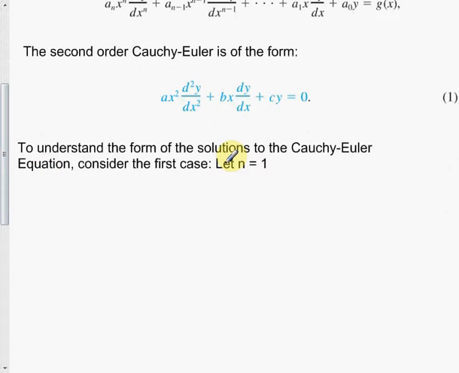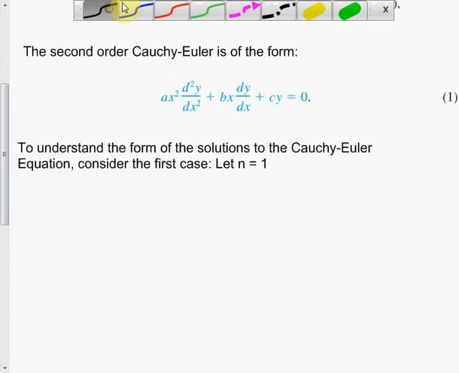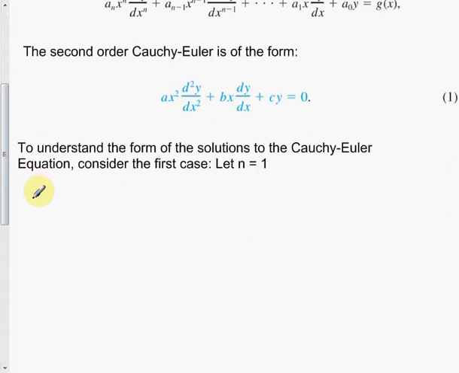So if we let n equal to 1, this gives us really just this part here, bx dy over dx plus cy is equal to 0.